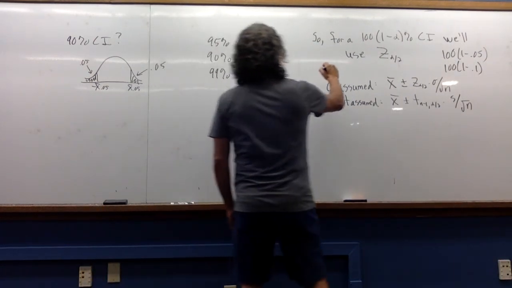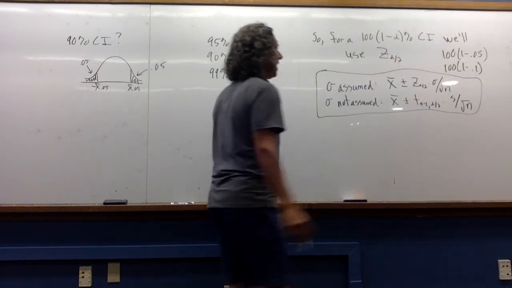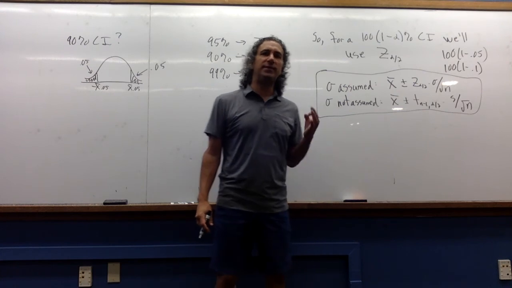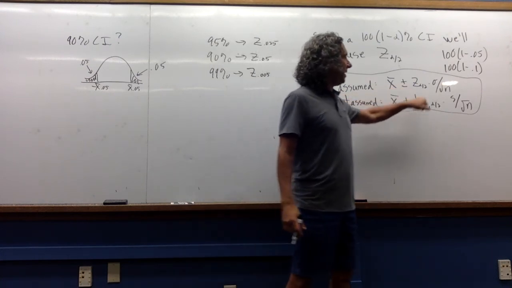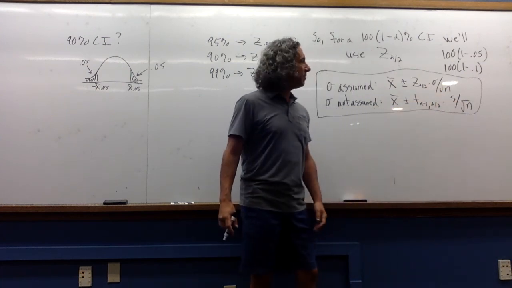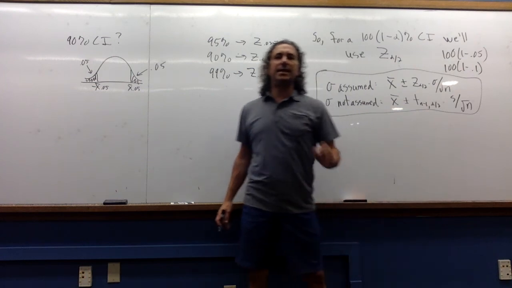So these are the most generalized formulas for this lecture. Let me point out that the structure of these is exactly the same. We have an estimate plus or minus a probability piece, and that probability piece has a distribution and an associated standard deviation.